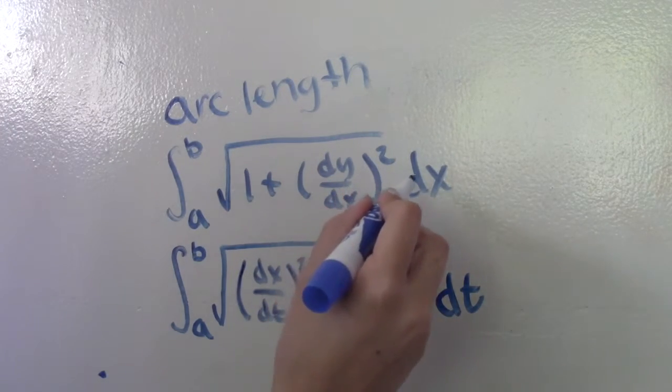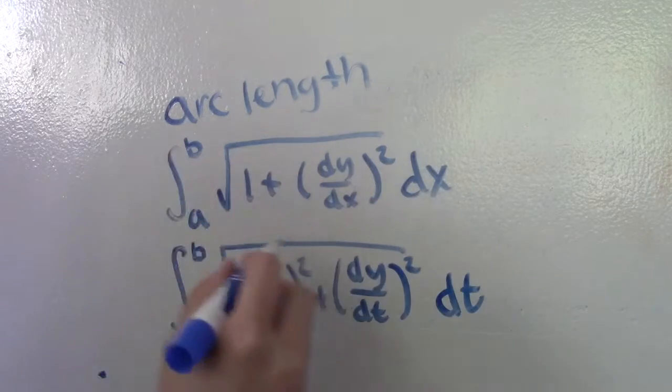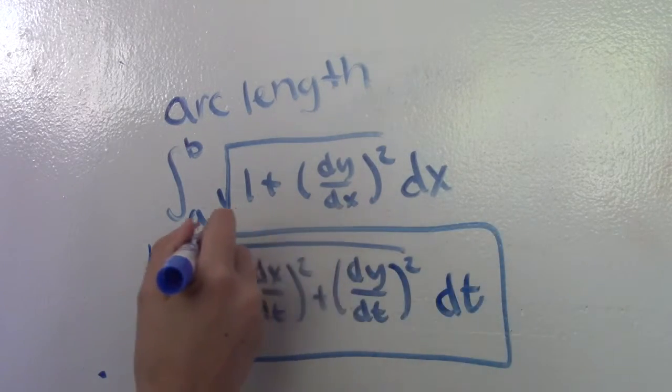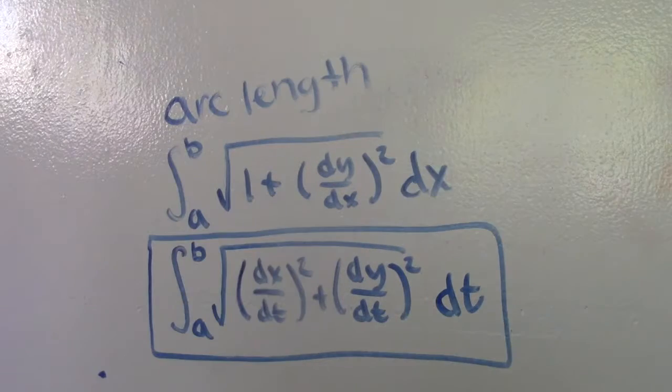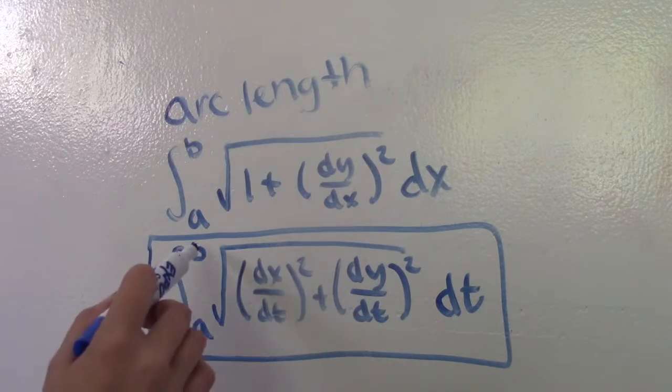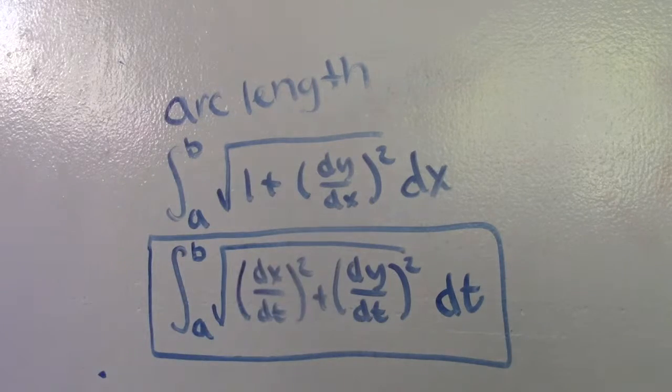If we distribute our dx here into the equation, this is what we're going to commonly use for parametric arc length, which we can use in reference to the distance of some sort of particle traveling on a parametric curve. Because if you look at it, it's similar to the antiderivative of our speed equation.